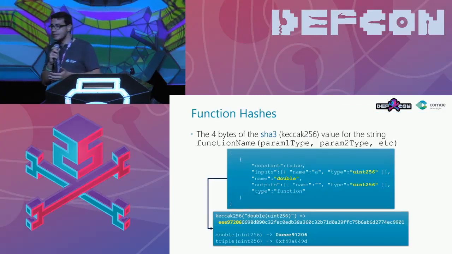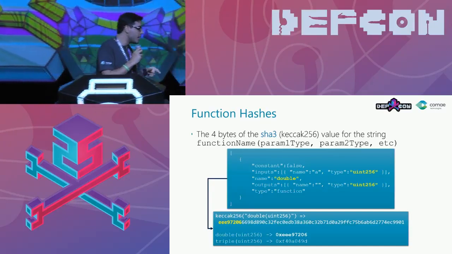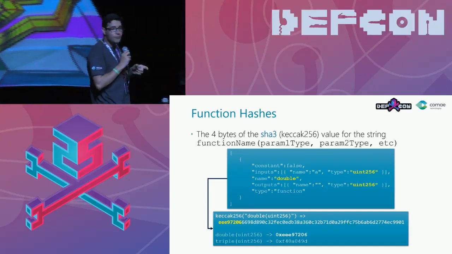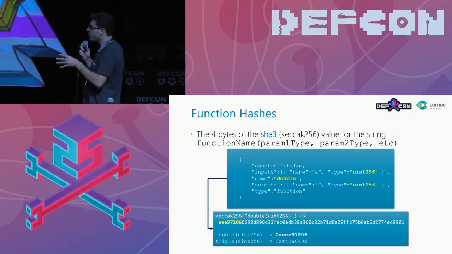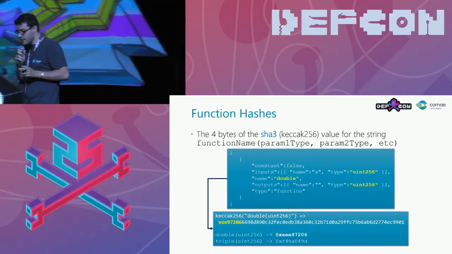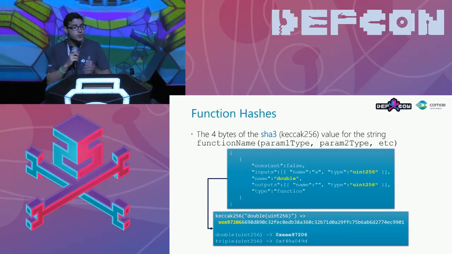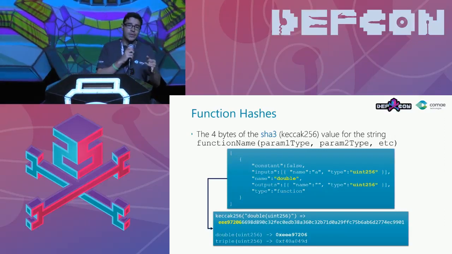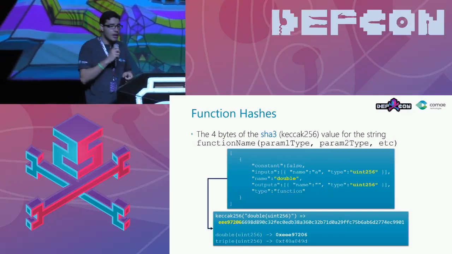So function hashes, the way they are computed, basically they just take the function name and the parameter type of each argument, stick them together and compute the SHA-3 of that input. And the first 4 bytes of the result would basically be the hash method. So it's pretty straightforward. If you have the ABI, the actual interface of the contract, you can easily recompute it.